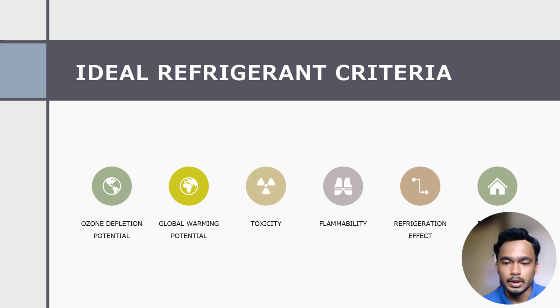And then the next criterion is one of the most significant criteria for refrigerant, which is the refrigeration effect. The refrigeration effect is related to the thermodynamic properties of the refrigerant.